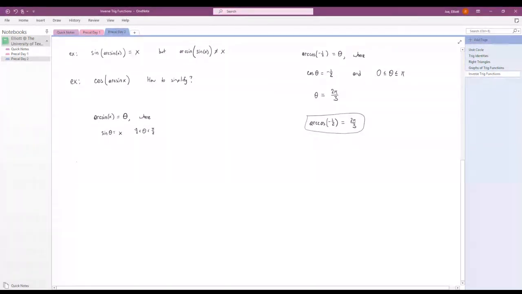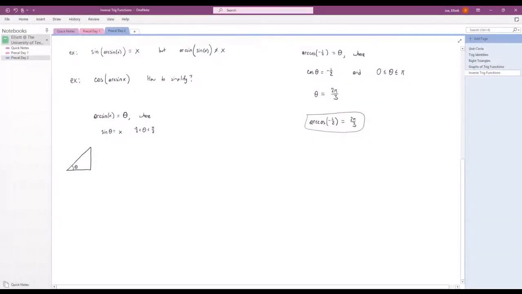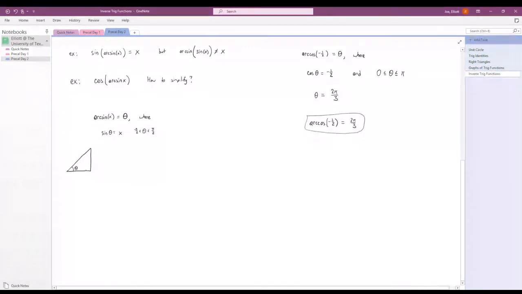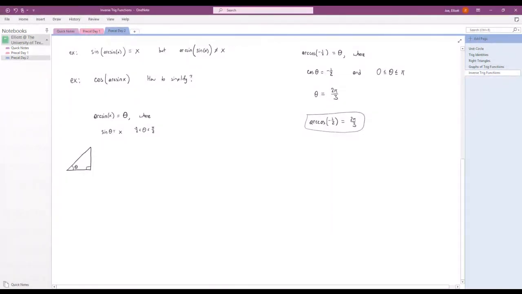So if I just focus on theta being in the first quadrant for now, I can draw a little picture of a right triangle with an angle theta in it.